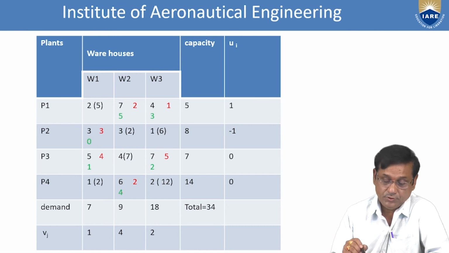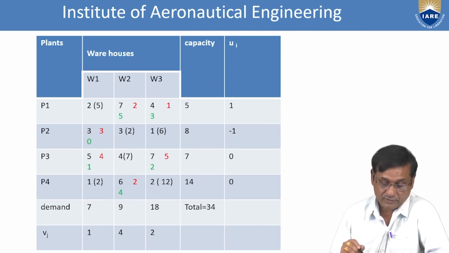Cij values are 7 and 3 and 5 and 7 and 2, 6. So 7 minus 5 is 2. That is Cij minus (Ui plus Vj) value. 4 minus 3 is 1. 3 minus 0 is equal to 3. 5 minus 4 is 1. 7 minus 5 is 2. 6 minus 4 is 2.